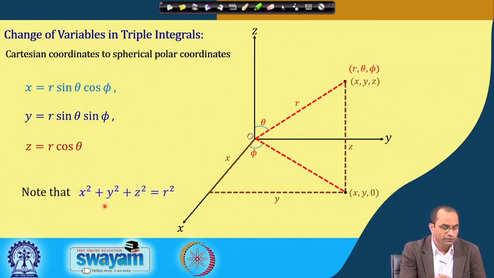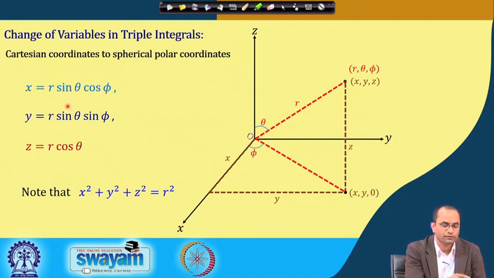Now, we note that if we square x, y and z, the first term will be r square sin square theta cos square phi. Here also we will have r square sin square theta as the common factor, and then sin square phi.